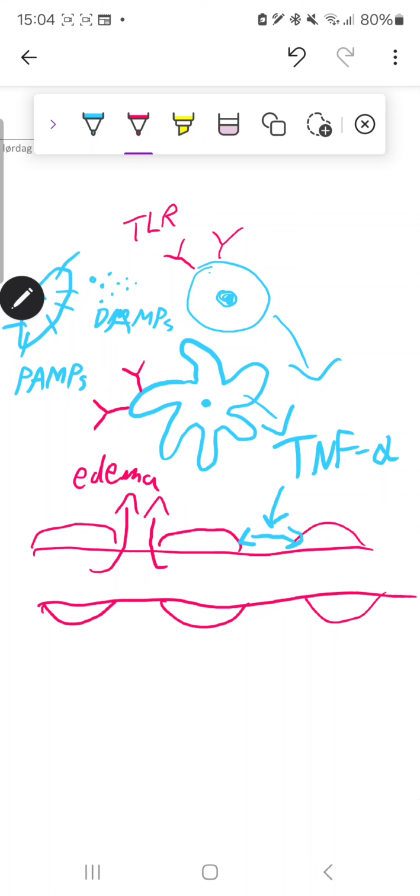And also, because blood goes into our tissue, it will become warm and also become red. This is also due to the fact that this molecule can increase the space in our blood vessels by causing vasodilation.